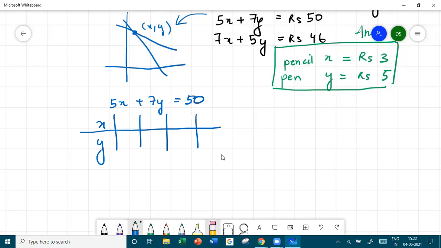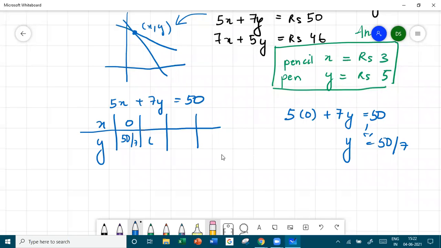You start taking random values. So if I take x as 0, you solve for the y value, and whatever you get, you write it here. So x is 0, so y would be 50 by 7, right? Similarly, if I take y as 0, x would be 10, right? Like that.